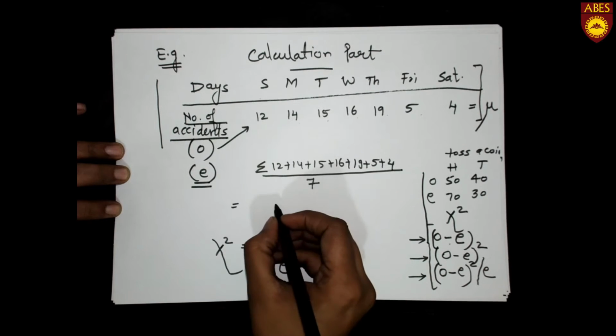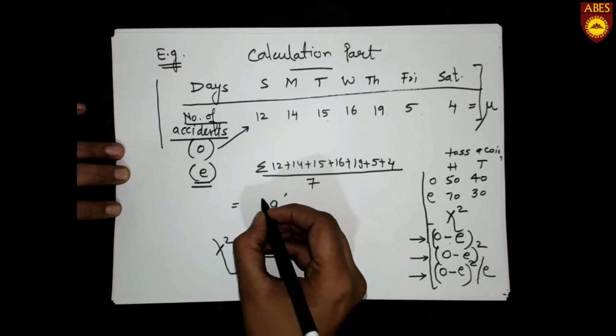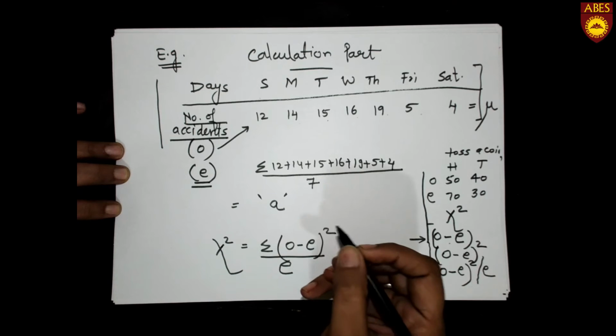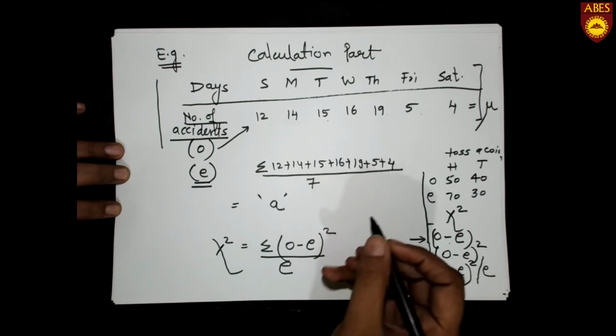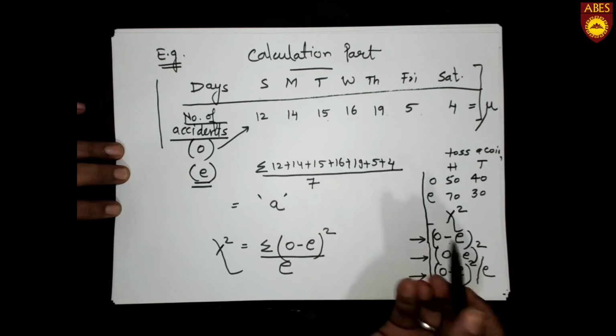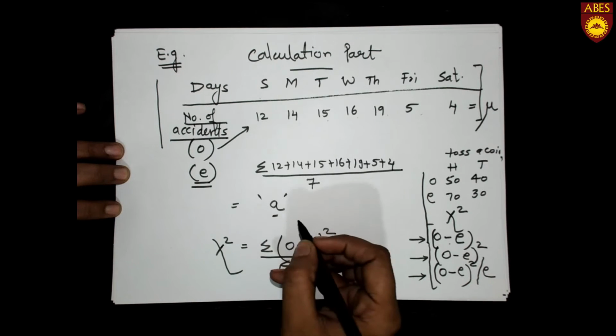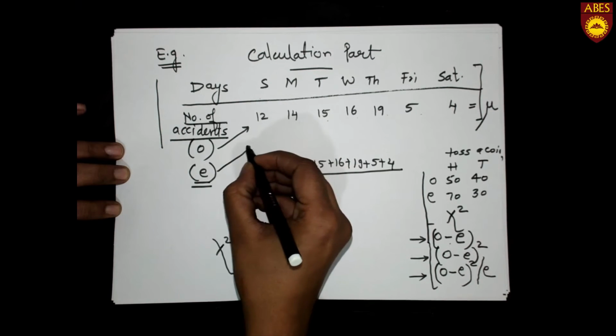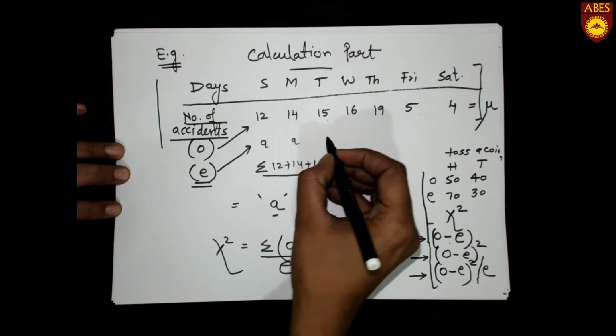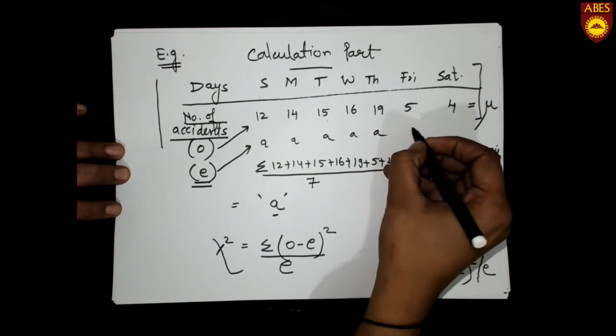Let's say after the calculation I get the value as A. So this becomes my E value for every case, that is, my E value is A for each and every day.